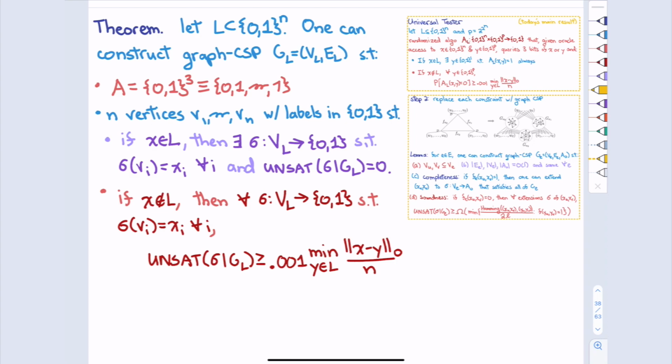Somehow, can we use this universal tester to implement languages as graph CSPs? I think it's impossible to actually guess it correctly, but I'm still curious to see if you have any wacky or fun ideas.